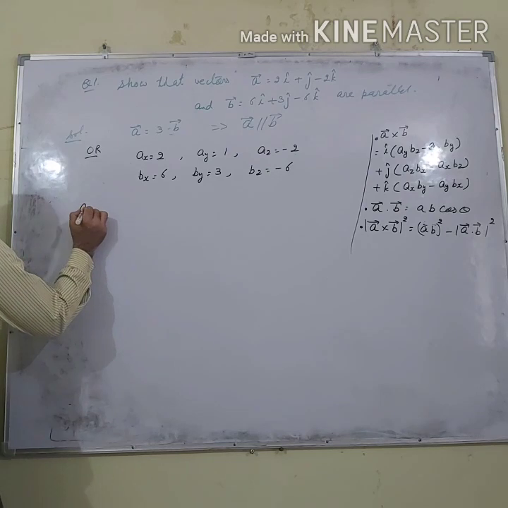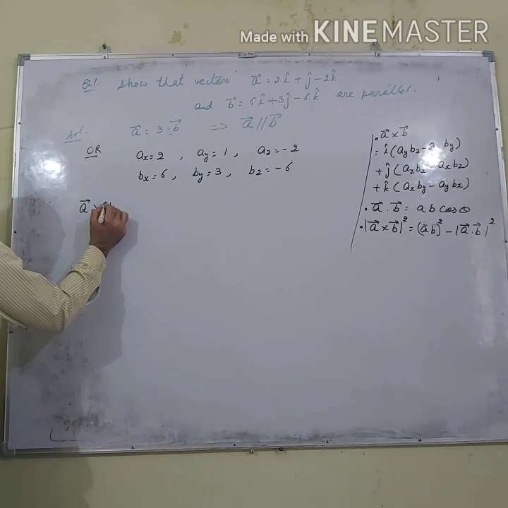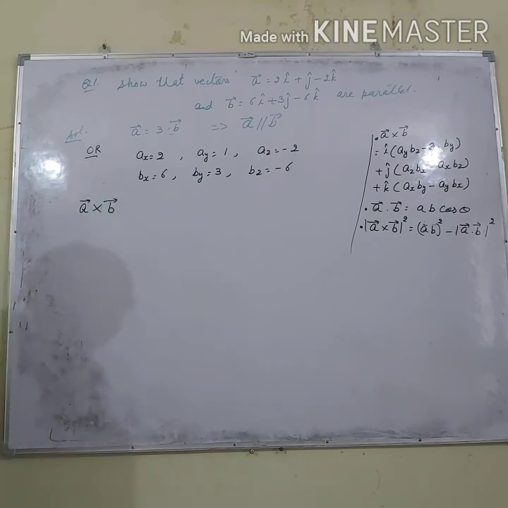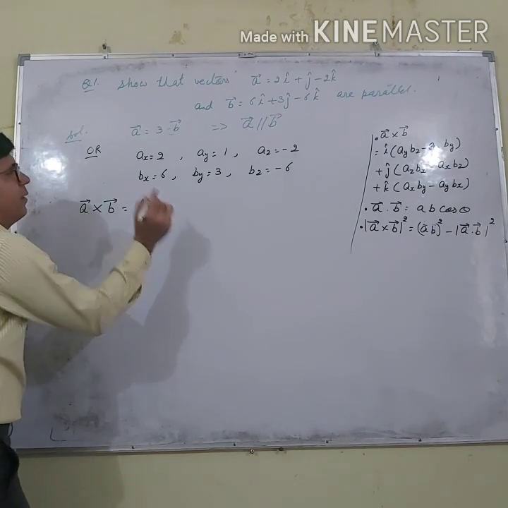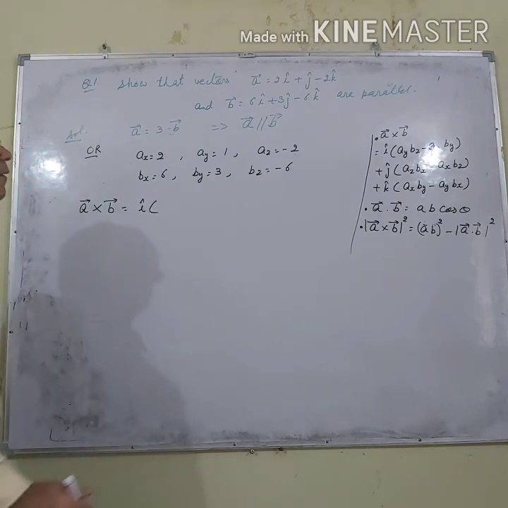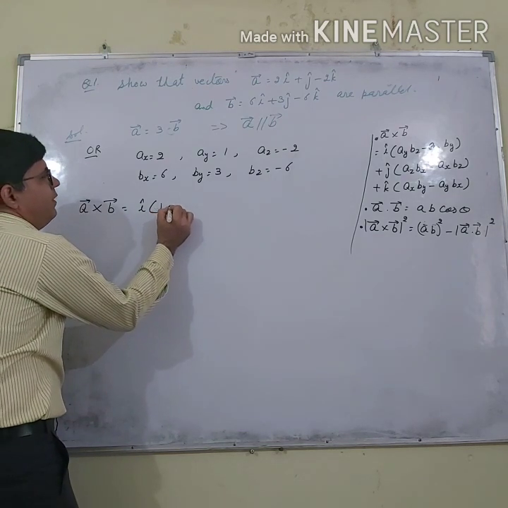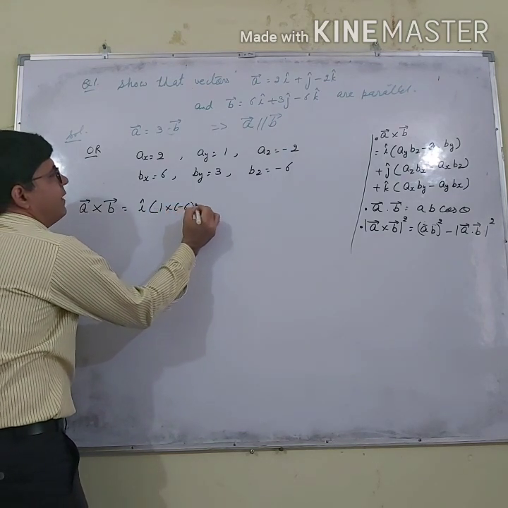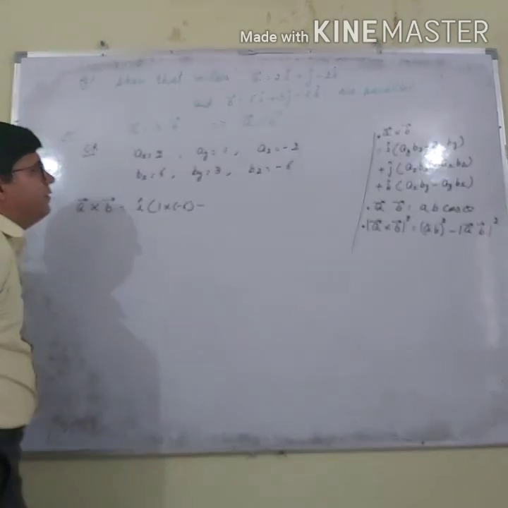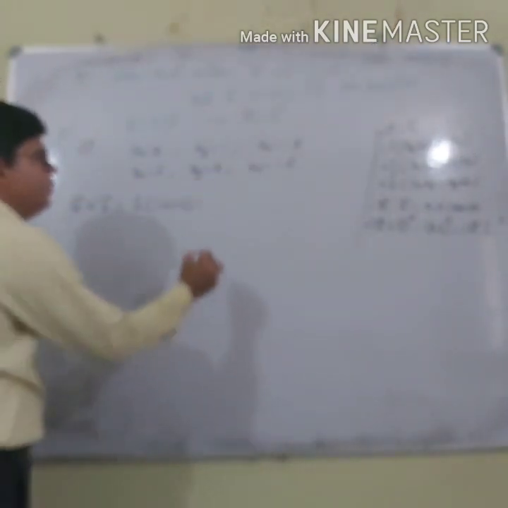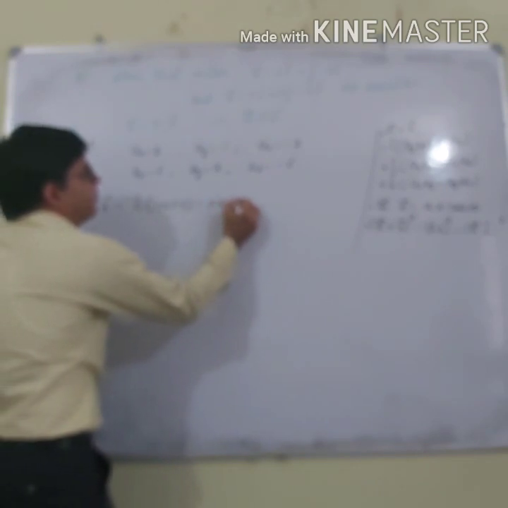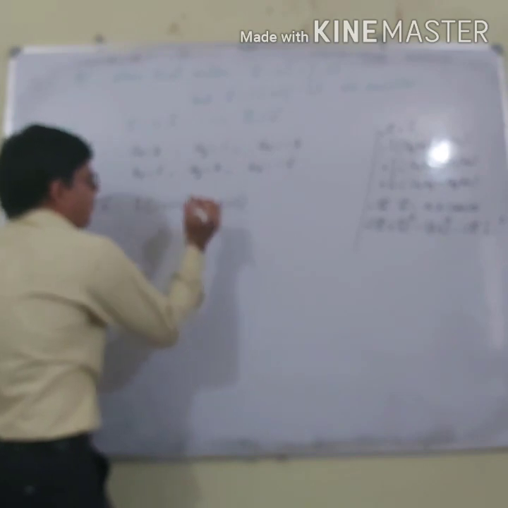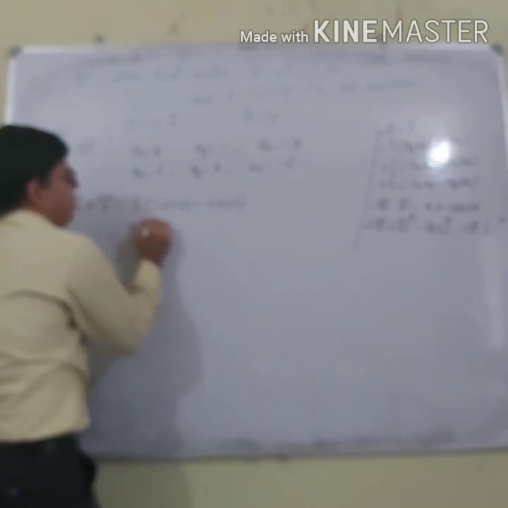Now what is A cross B? I cap times AY, which is 1, and BZ, which is minus 6, minus AZ, which is minus 2, and BY, which is 3.